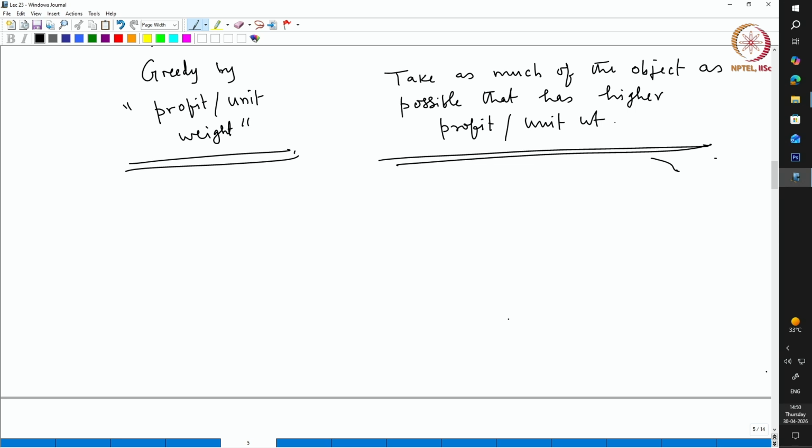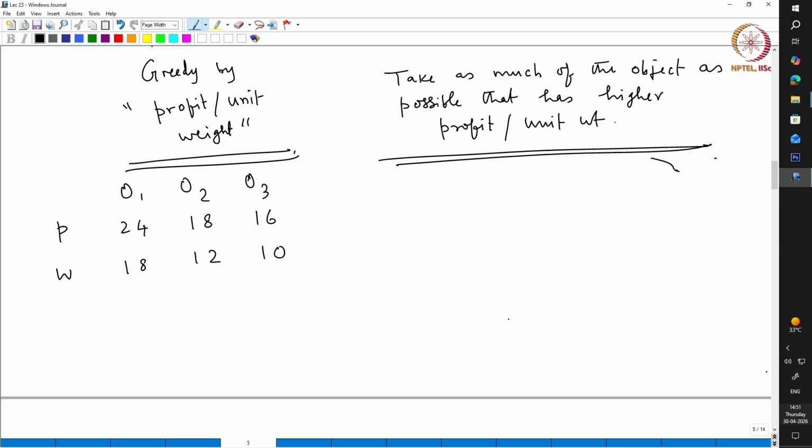I am greedy about a different parameter. So, consider the same example O1, O2, O3, and the profits are 24, 18 and 16. The weights are 18, 12 and 10. This is profit, this is weight. Profit per unit weight.